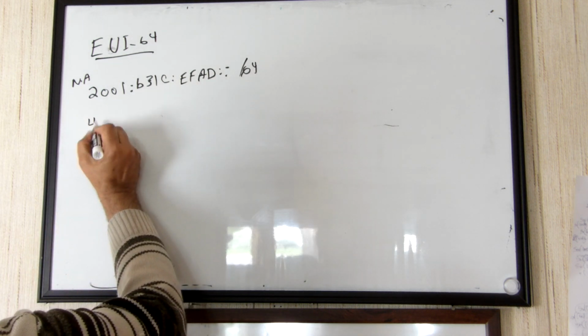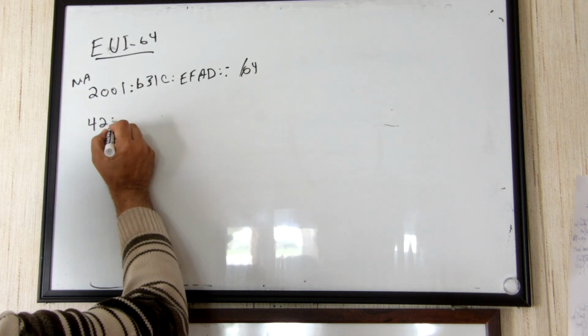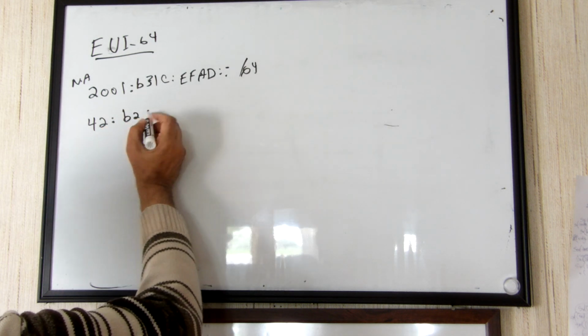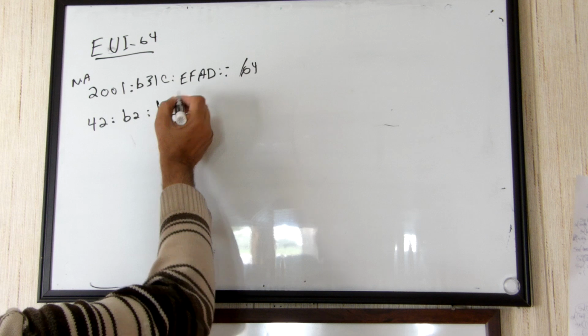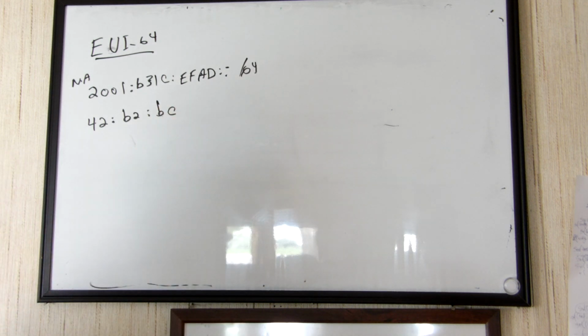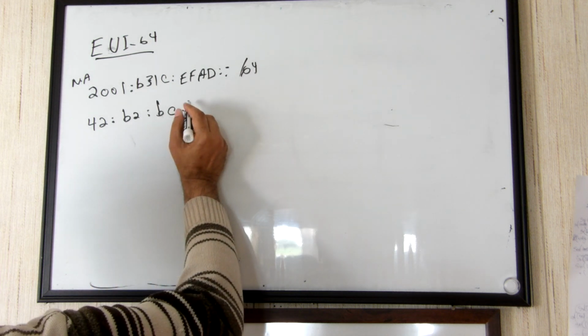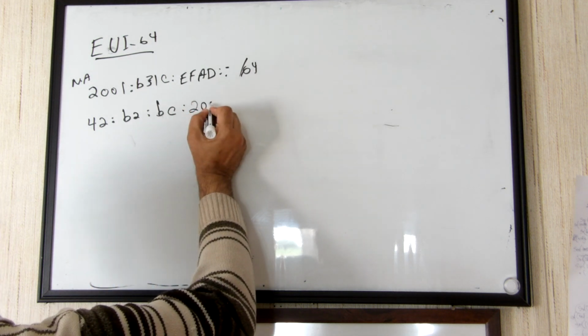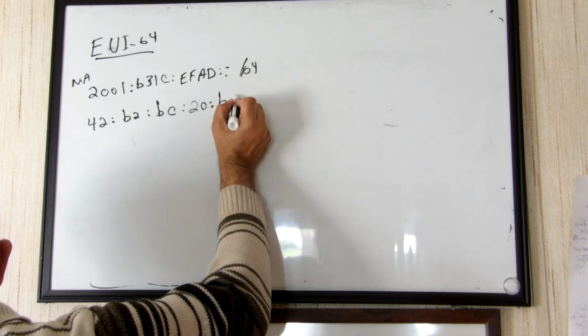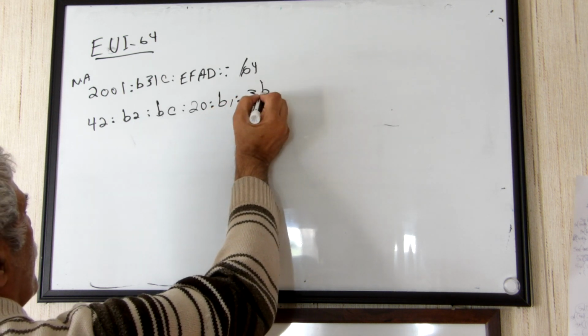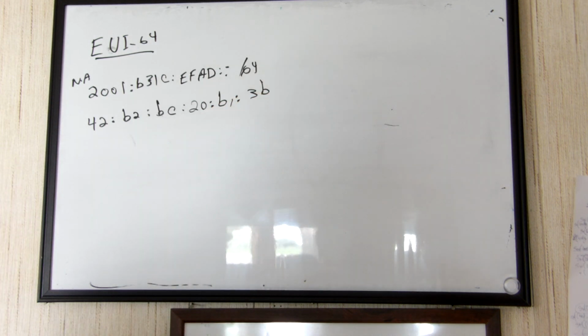Say it's 42, for example, B2, BC. It doesn't matter whether it's capital letters or lowercase, you can use both of them. Then 20, B1, 3B.